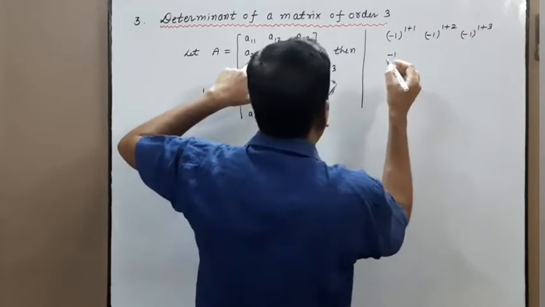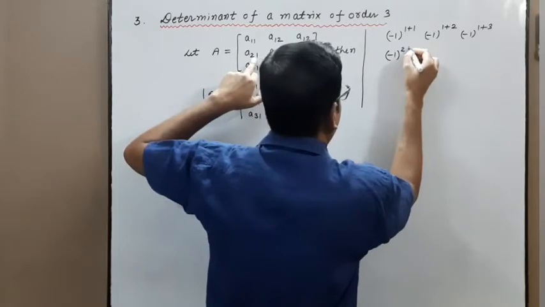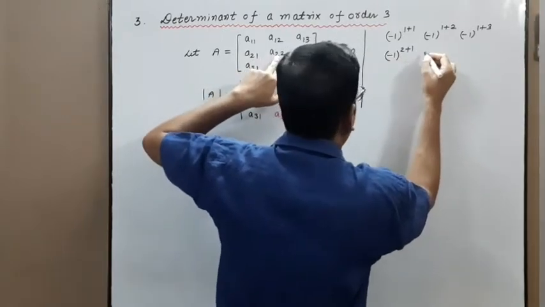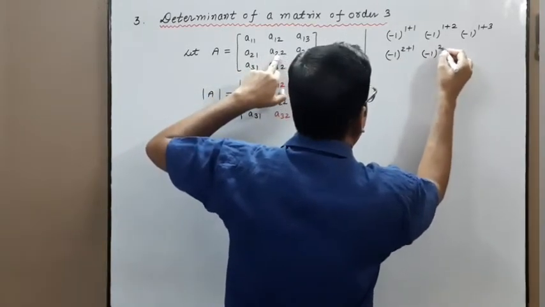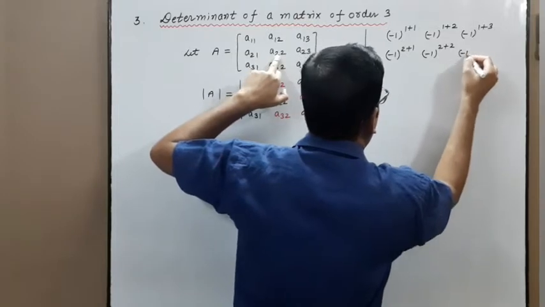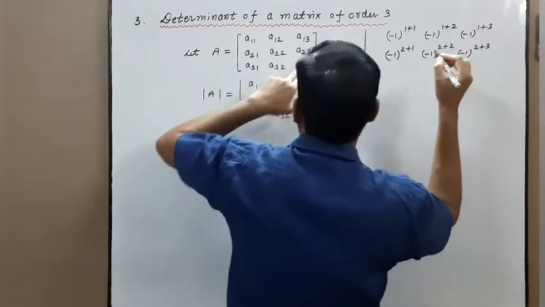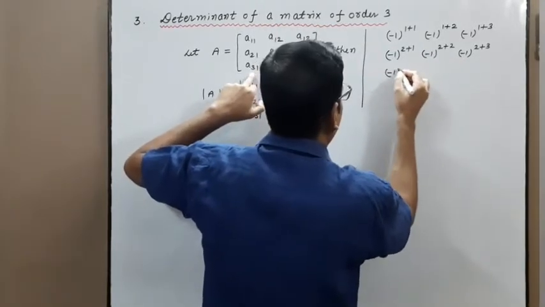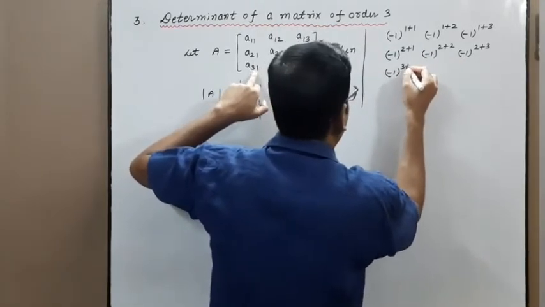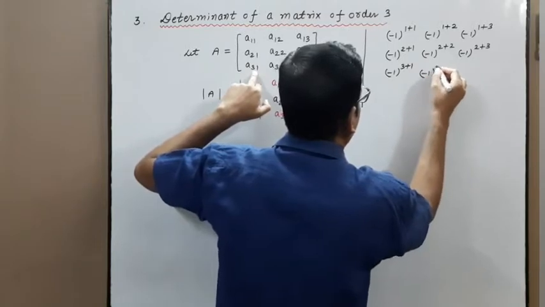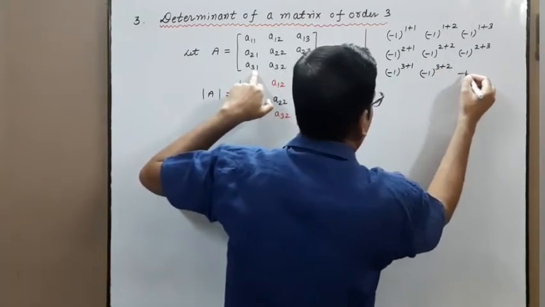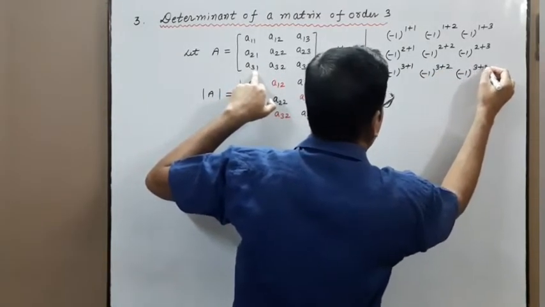Minus 1 raised to the power 2 plus 1. A22, minus 1 raised to the power 2 plus 2. Minus 1 raised to the power 2 plus 3. Minus 1 raised to the power 3 plus 1. Minus 1 raised to the power 3 plus 2, and minus 1 raised to the power 3 plus 3.